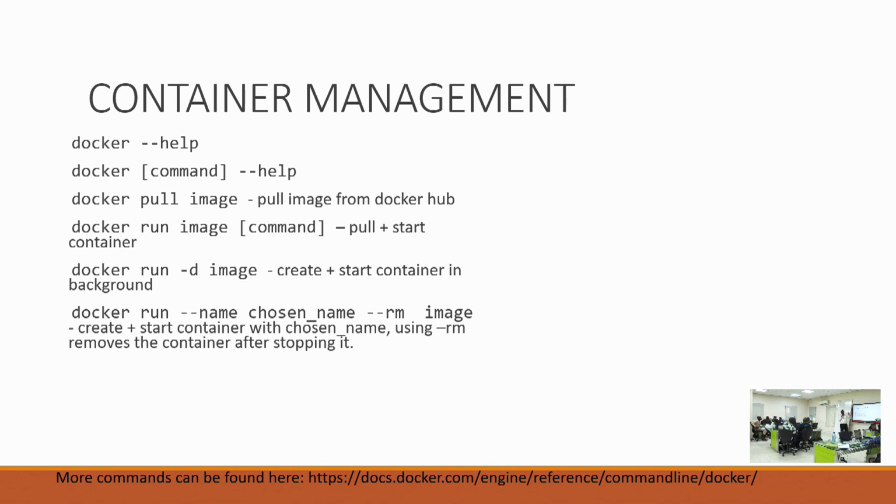Anytime we want to create a container or run an image, you must specify the image. So --name gives the container a name. --rm removes the container after stopping it, because if you just stop it, the container will remain on your system. You want to remove the container because they're actual systems, and if there are too many, they will eat up your hard drive.